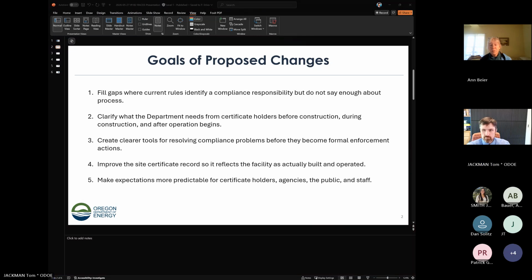Hopefully that consistency will improve engagement and understanding, and reduce the friction and the amount of time and effort it takes to do this compliance work, both for those collecting and submitting information at energy facility operators, and for those at the department who actually have to deal with it.